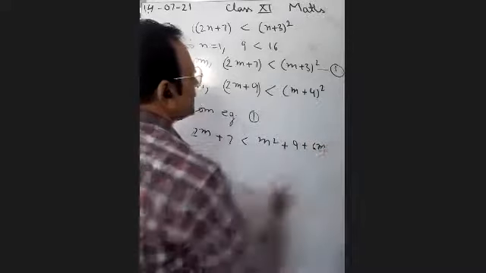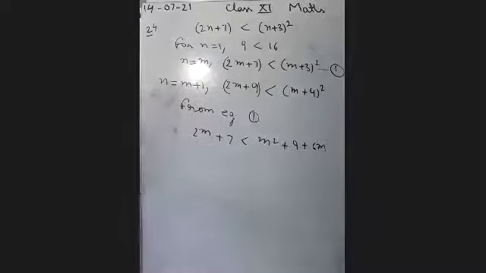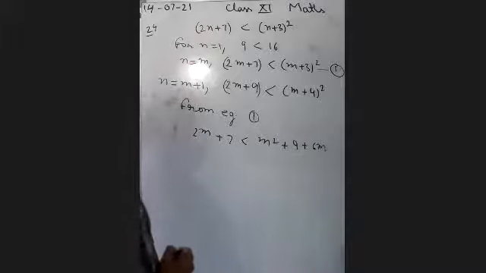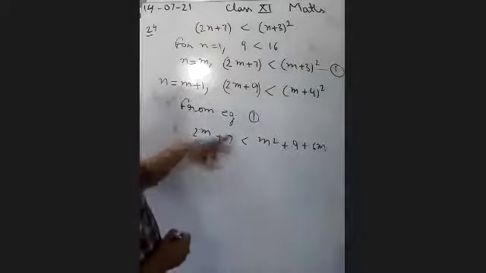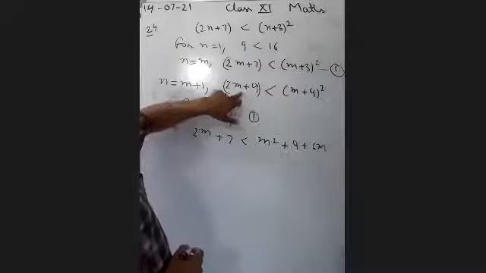In case of inequality, in three questions we have the inequality, in question number 18 and question number 24. In these two questions, we started from n equal to m. So we have to convert into 2m plus 9.